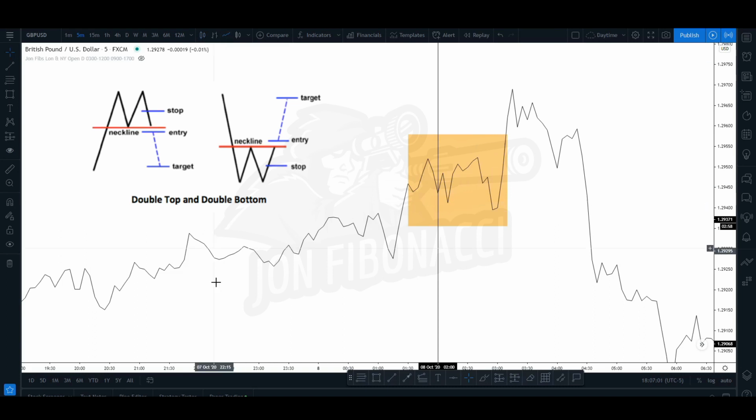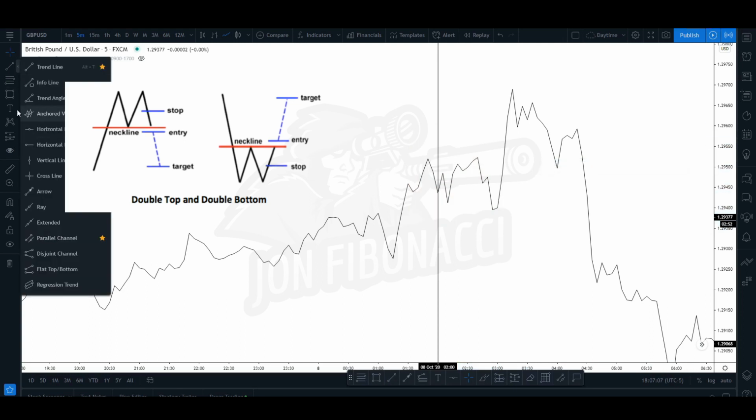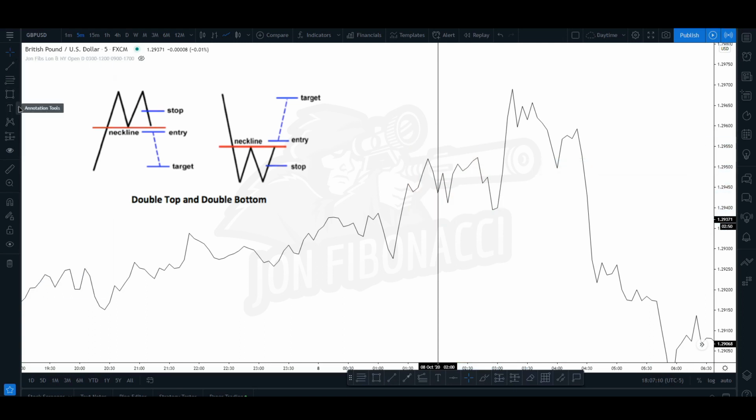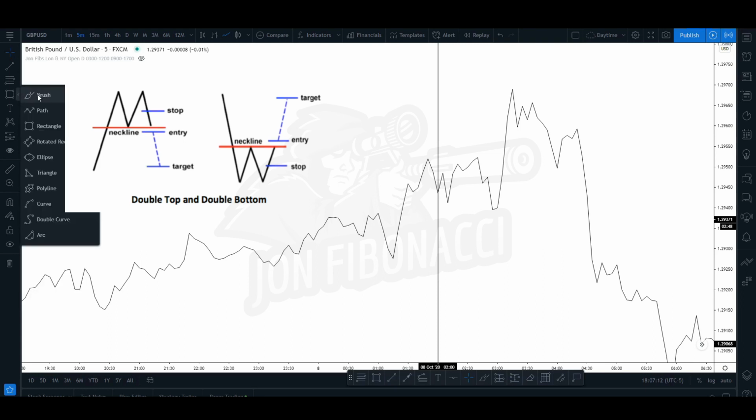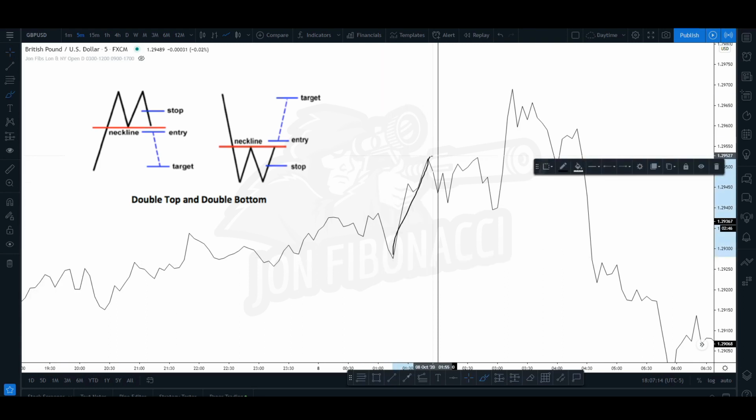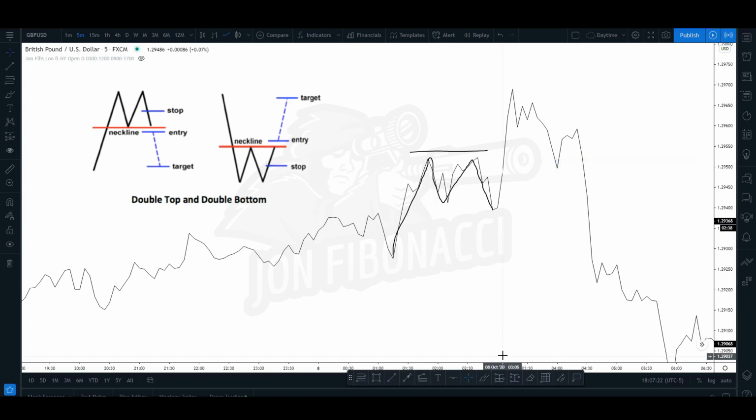Well, if you look at a line chart, it's actually pretty spot on: you have the high, and so that right there is your double top formation.